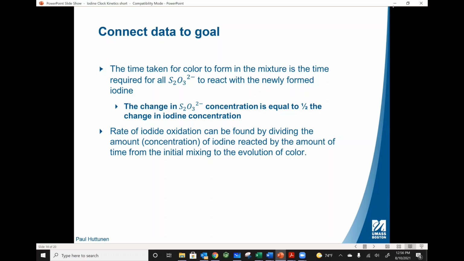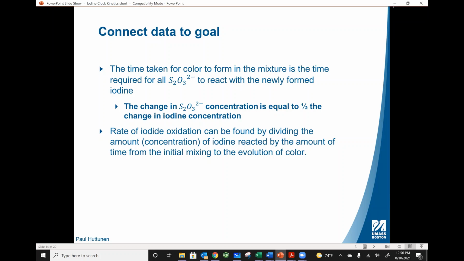So, in this reaction, once we add all of the components together, we are going to start a stopwatch, and we will stop the stopwatch when we see the color form, and that's when we know that all of the thiosulfate has reacted.